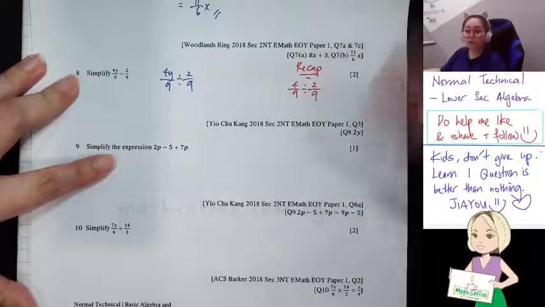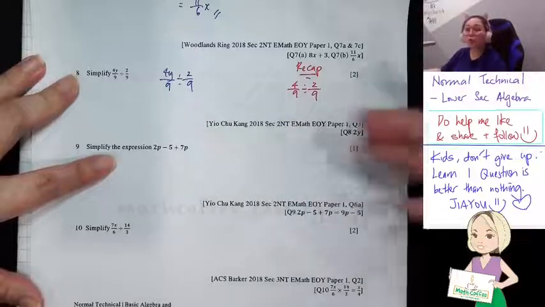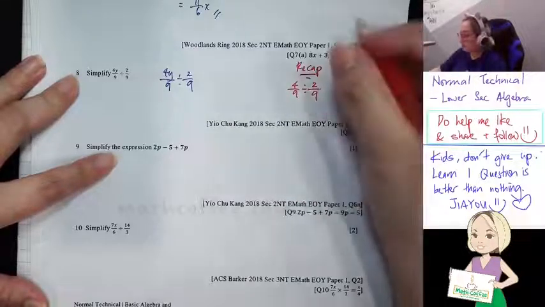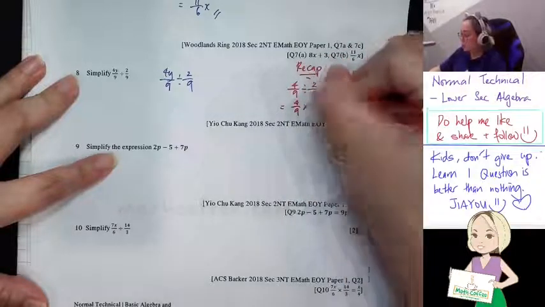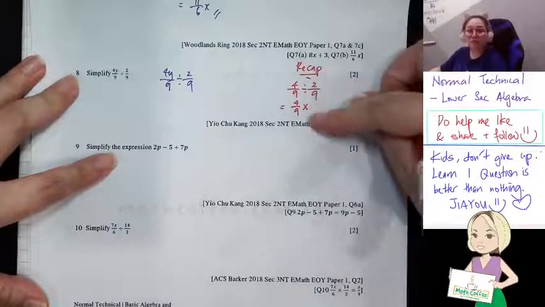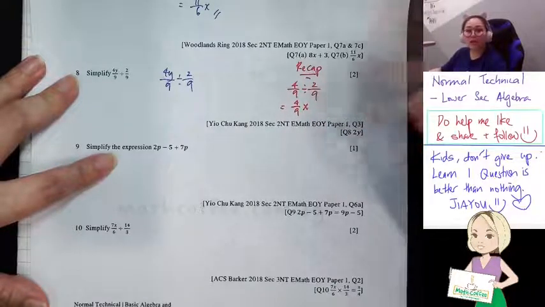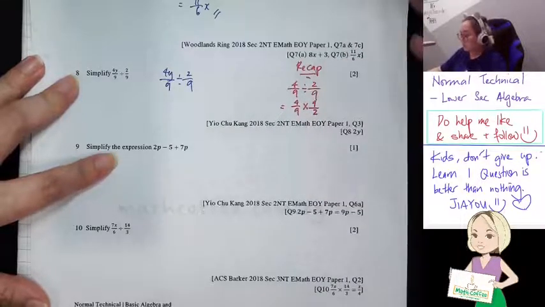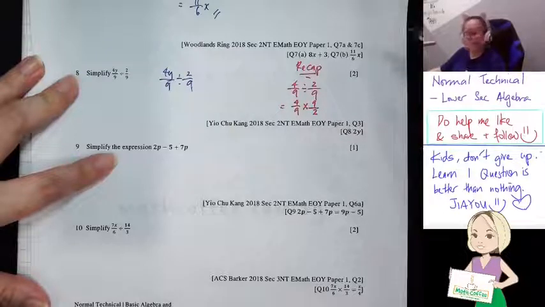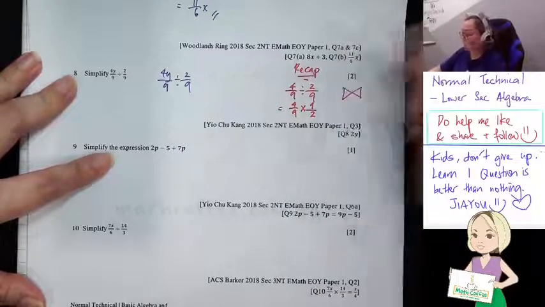Assuming you have no calculator, how do you do this manually? So the 4 over 9 will remain the same. The divide will change to multiply, and when you change divide to multiply, you flip the fraction on the second part. So 2 over 9 becomes 9 over 2. Then after that you will simplify by cancellation. So I always tell my students, ribbon.